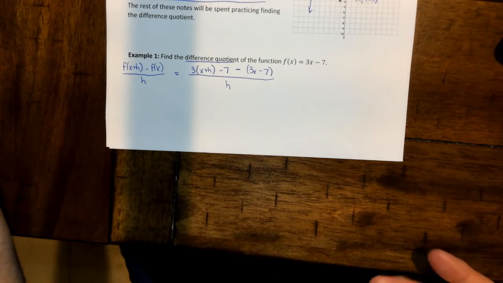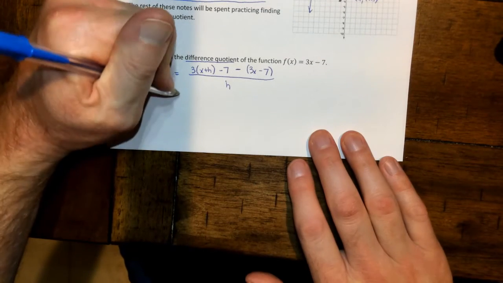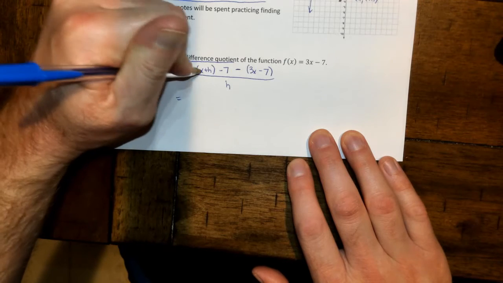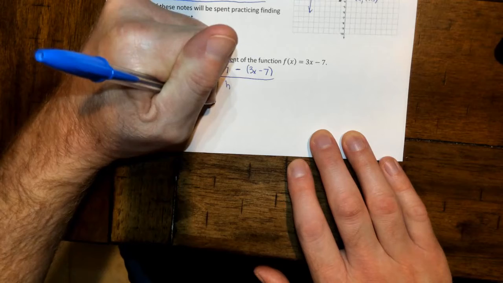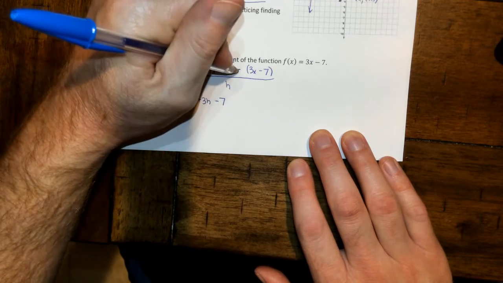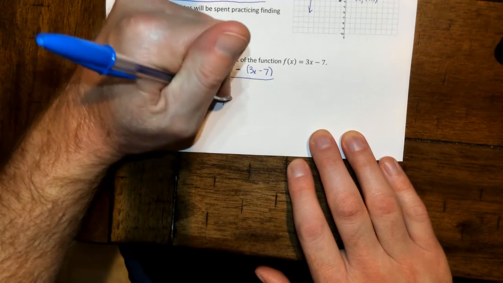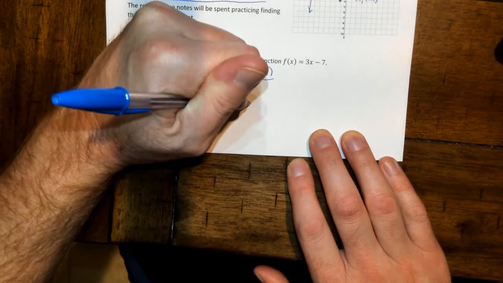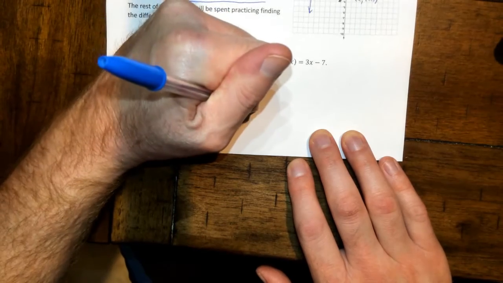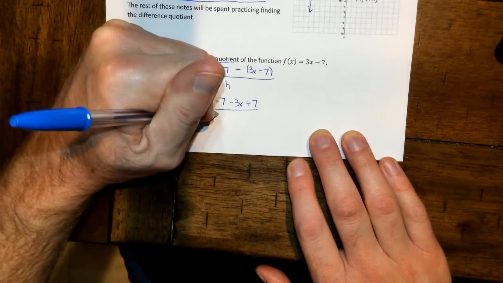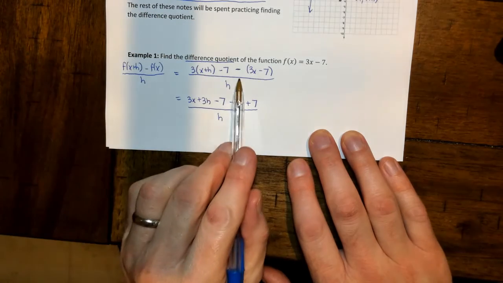We just need to clean this up. We've done the hard part already. 3 times x plus h is 3x plus 3h minus 7. Distribute this negative, so minus 3x plus 7. And then we have to divide it by h. This is the thing we have to pay most attention to.